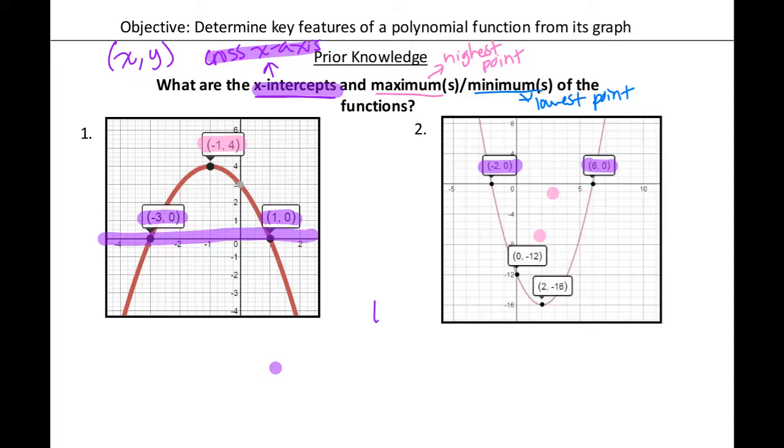So graph 1 has a maximum, and graph 2 actually has a minimum. The minimum is at 2, -16. Okay? All right. So that's just for prior knowledge. Today we're going to be looking at key features, like zeros, increasing, decreasing, positive, and negative. And I believe that's as far as we're going to get today.